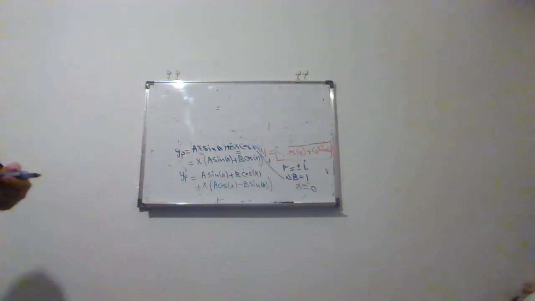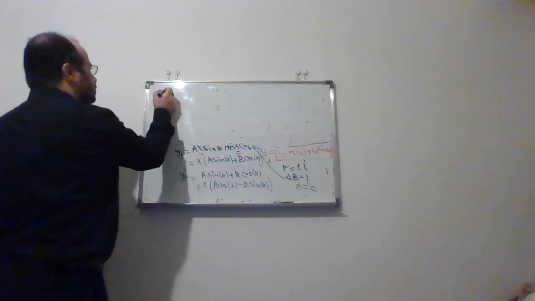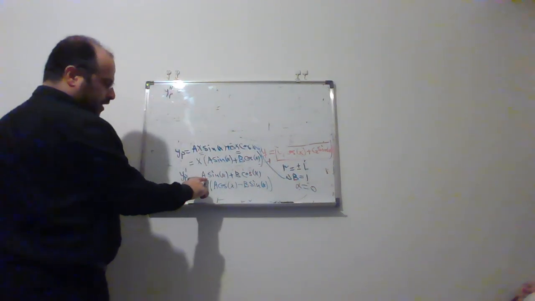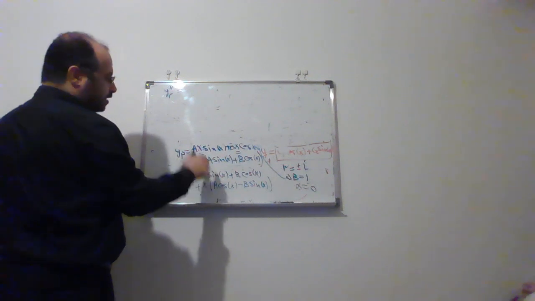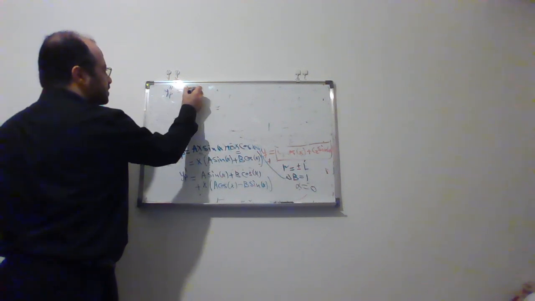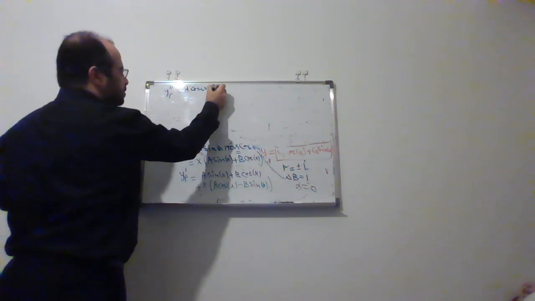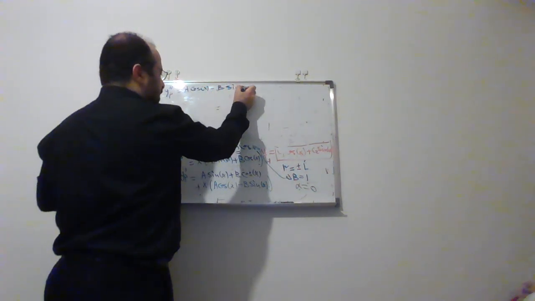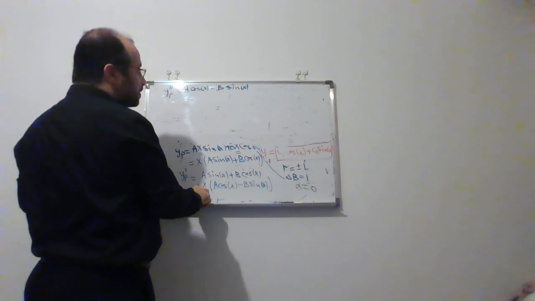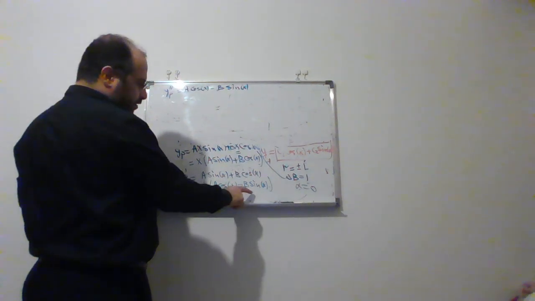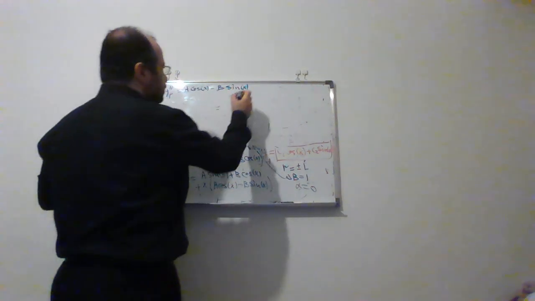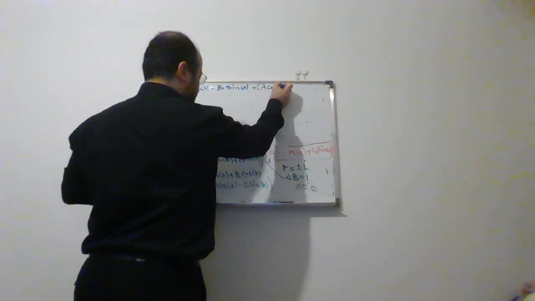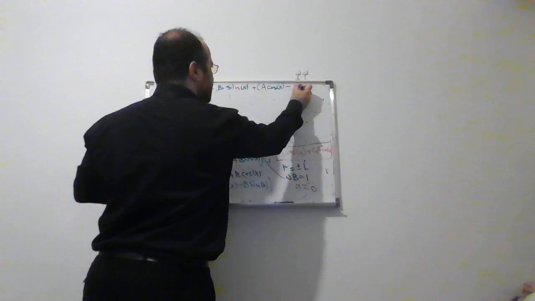Now let's go with the second derivative. Y particular double prime equals, now you differentiate the first one and you get a cosine x minus b sine x. And the second thing, you differentiate the x and you leave the second one, so you get plus a cosine x minus b sine x.